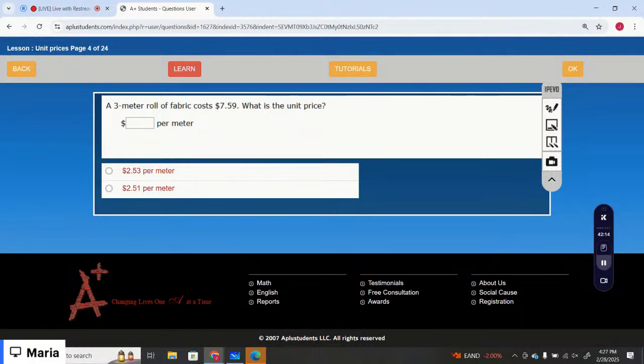A 3-meter roll of fabric costs $7.59. What is the unit price?